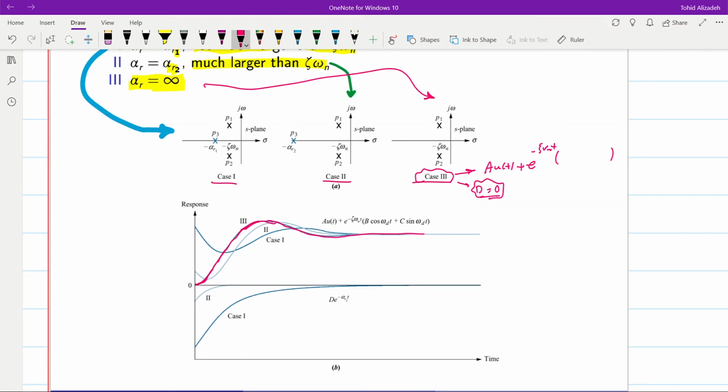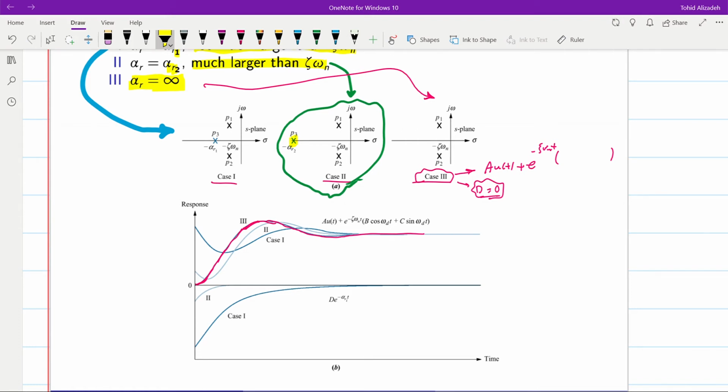Then if I consider case 2, which is this case over here, we know that the additional pole at minus alpha r2 is, let's say, far away from the complex poles that we introduced.